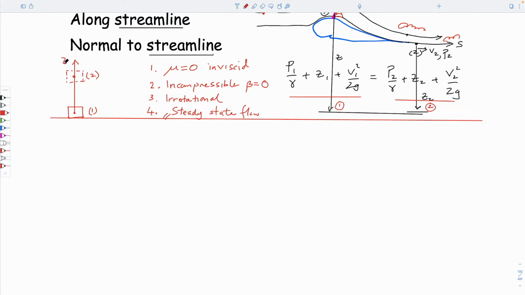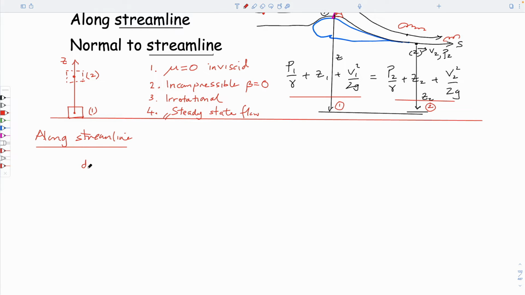So this is going to be our elevation. So for a long streamline, static.